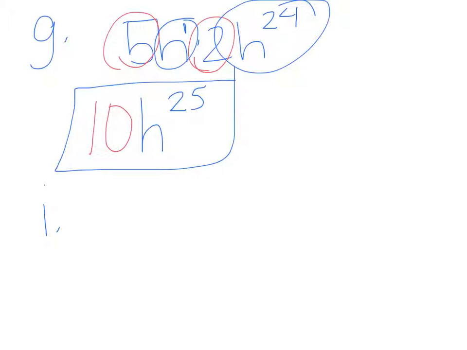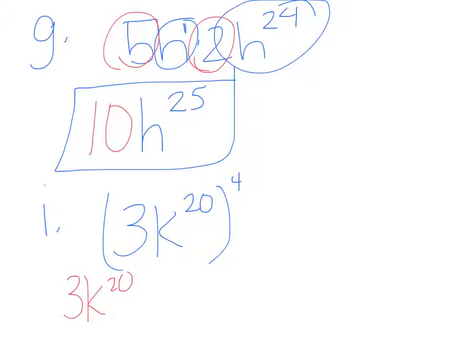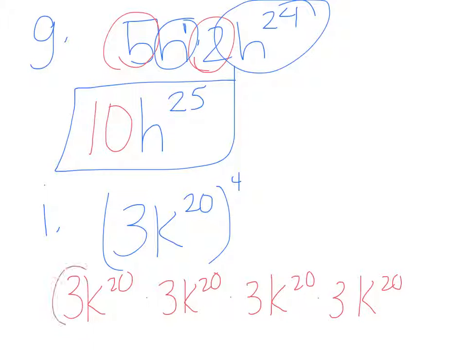Moving down to letter I, we have 3k to the 20th power, the whole thing raised to the 4th power. Again, I'm not going to write out all 20 k's, but I am going to write out 3k to the 20th times 3k to the 20th times 3k to the 20th. One more time, 3k to the 20th. So we're going to take the 3, the 3, the 3, and the 3, and multiply them together. Be careful.